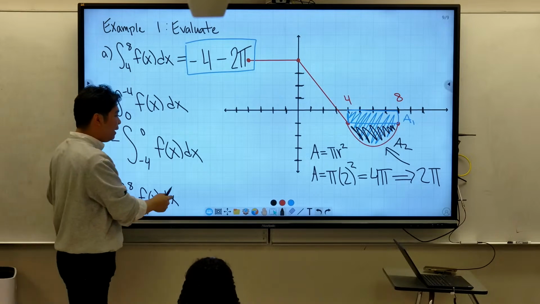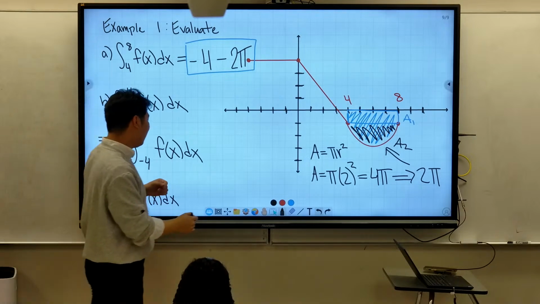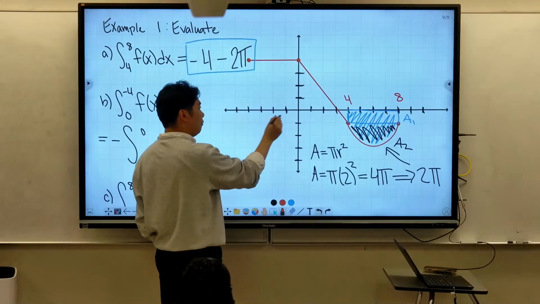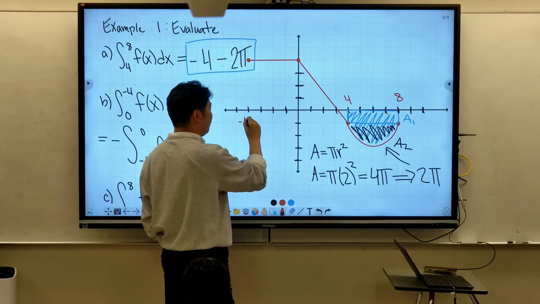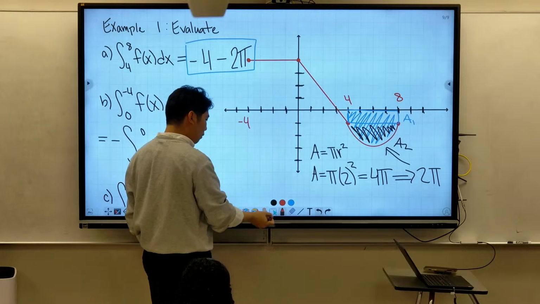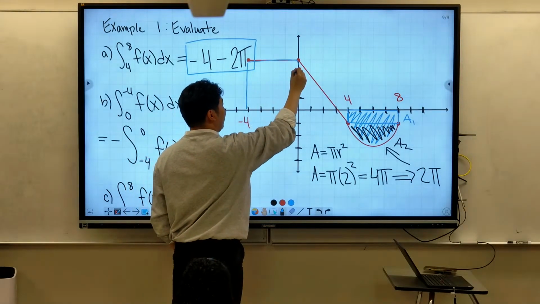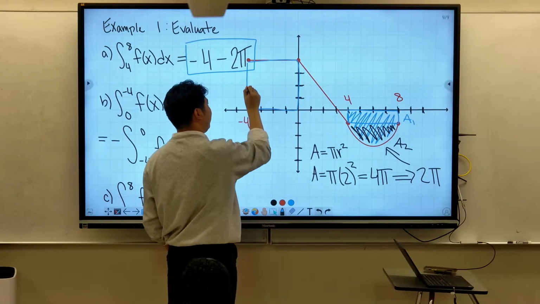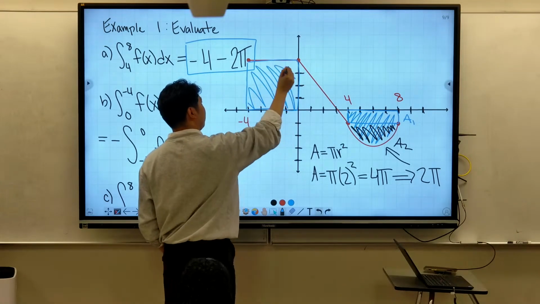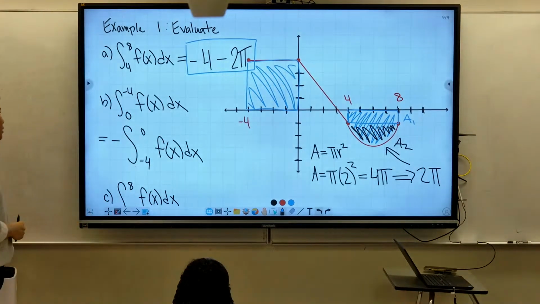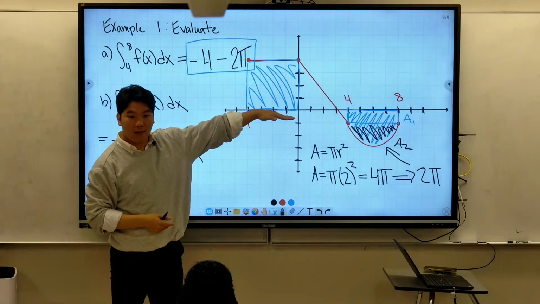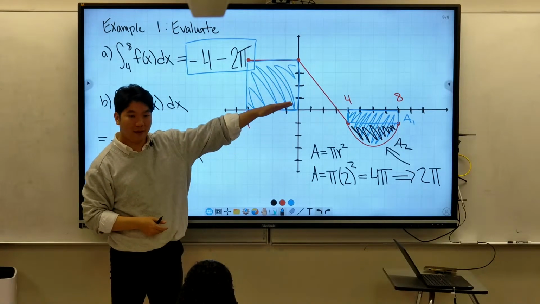Let's see if I can figure this out. -4 to 0. Here's 1, 2, 3, 4, so -4 to 0. If I shade that, it's actually just this box right here. It's going to be 16. Wait, is it always going to be a shape? Yeah, because this integral is basically area, is how we're going to think about it. We're always shading from the x-axis, either up or down to wherever the line is.